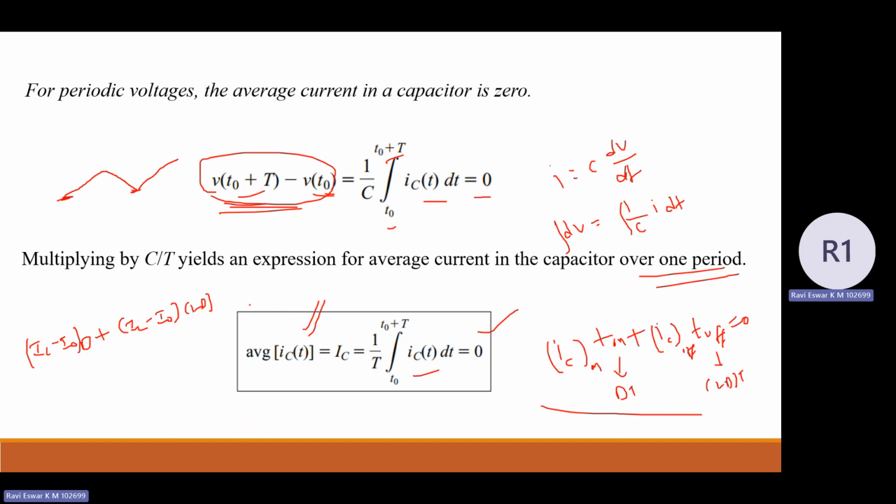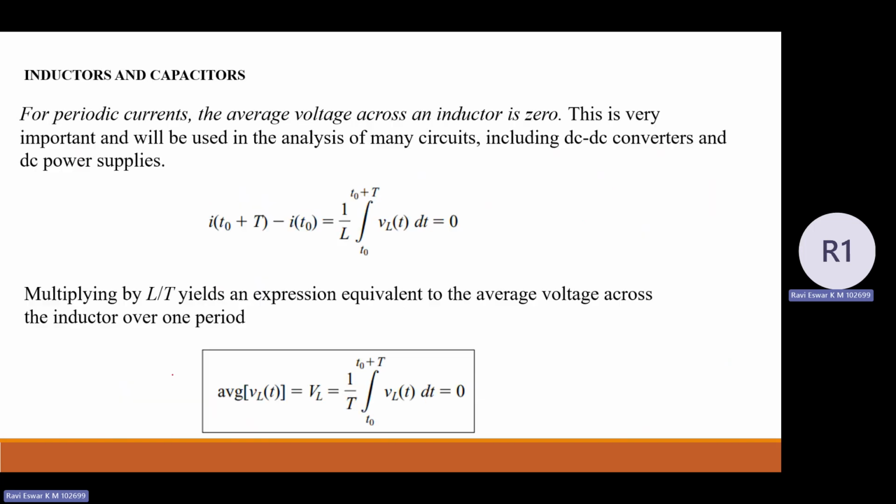So T is going to cancel over a time period T, so here I'm not writing a T. From this I can say that IL minus I naught equals 0, then IL equals I naught. So the inference we are getting is that the average inductor current is equal to the output current, that is the load current.